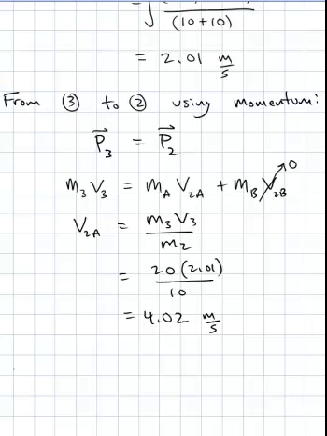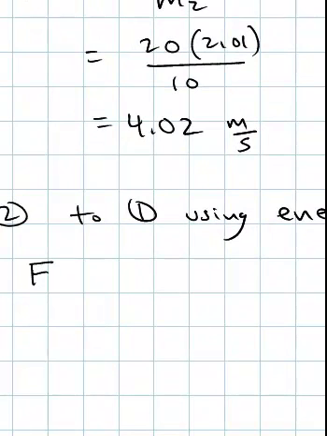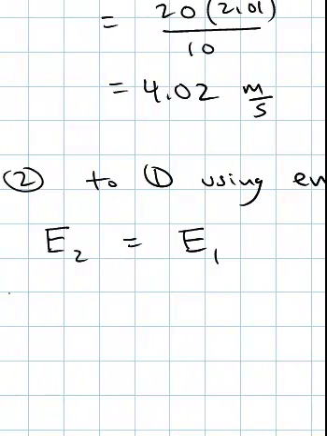And now we're going to go from 2 to 1 using energy conservation. So the mechanical energy at 2 should equal the mechanical energy at 1. We've got no friction or external forces. At time 2, the only thing that has energy is mass A, and it's moving.